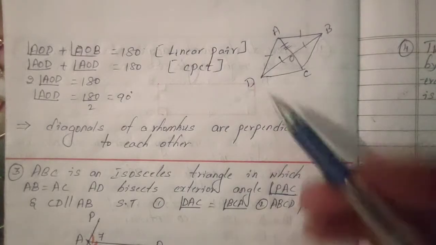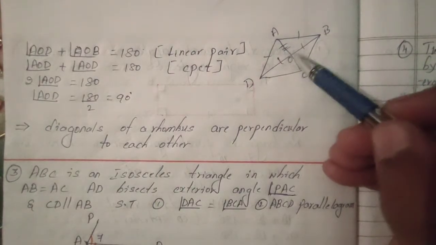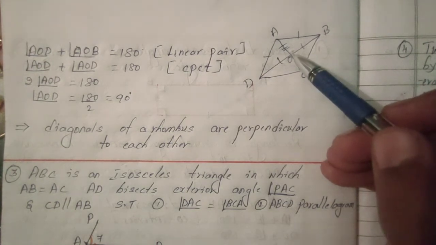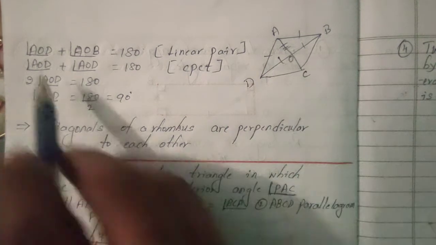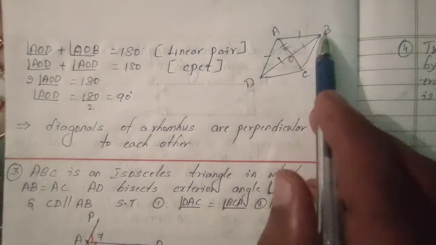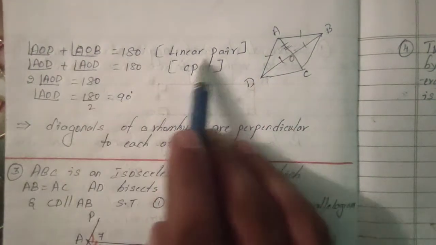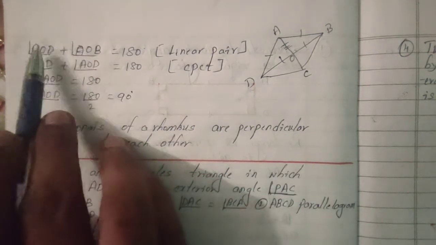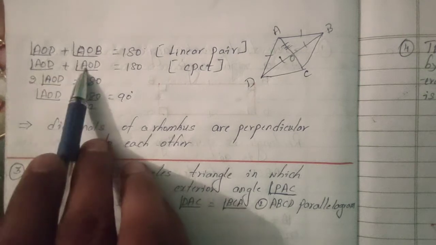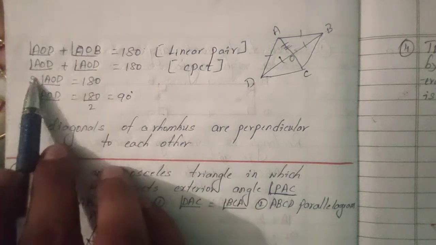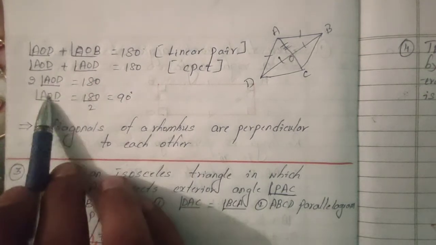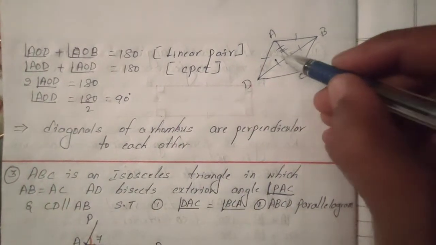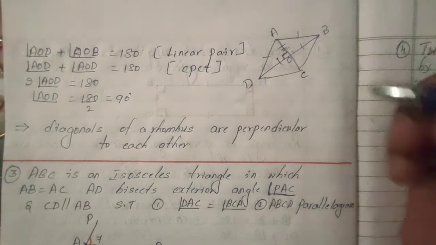Here, these two angles are equal, I found already. Now AOD plus AOB sum is 180, linear pair. These two are equal, so in this place I will use AOD only. So 2 AOD equals 180. Then AOD is 180 by 2, which is 90. I found AOD is 90.